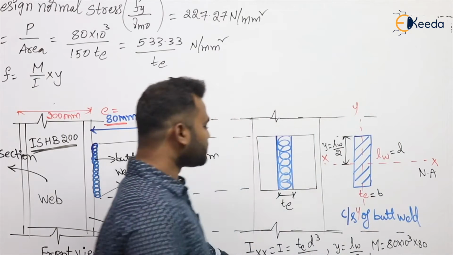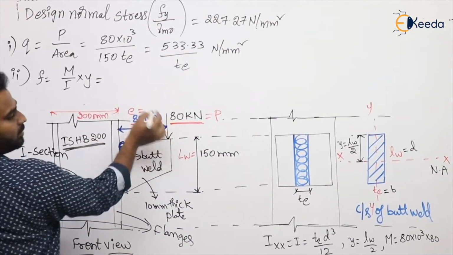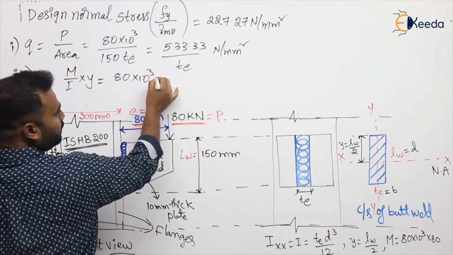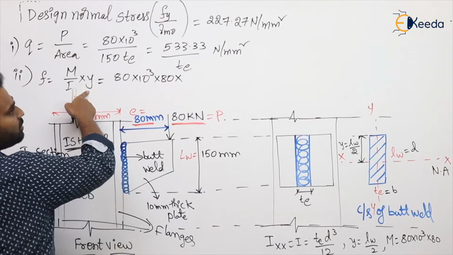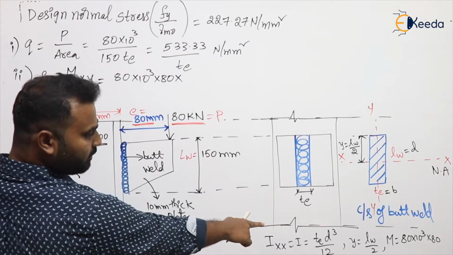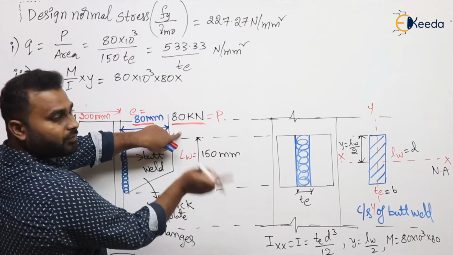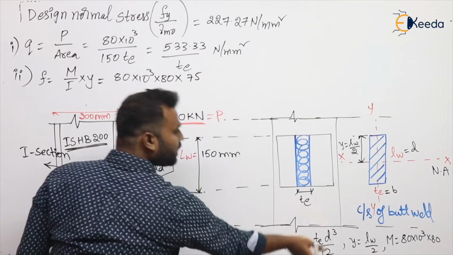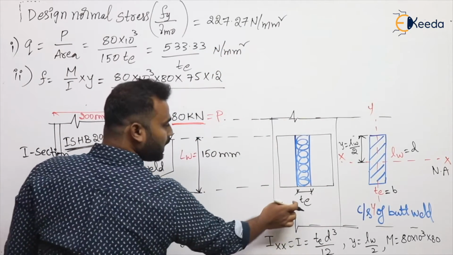Now substitute all these terms in this formula. Moment is 80 into 10 cube into 80, and here y is how much? y is 75, since the total length is 150, and 150 by 2 is 75, into 75. Here 12 is there, and that 12 comes to the numerator, divided by Te, which is unknown.